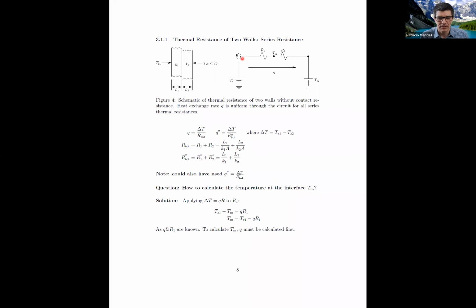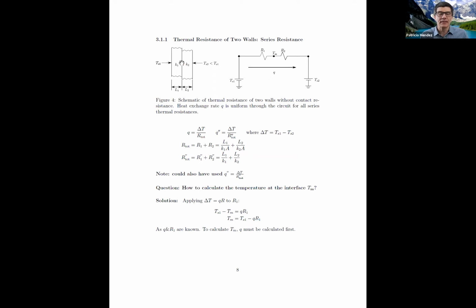So this is the surface temperature of wall 1. Similarly, this one we have here on the right is the surface temperature of wall 2. What is this thing in between? This Tm is the temperature right here at the interface.